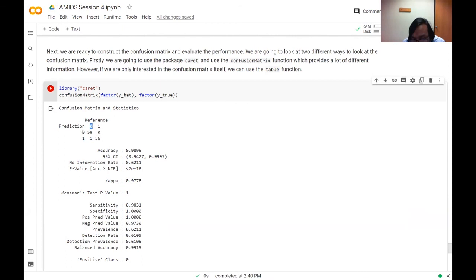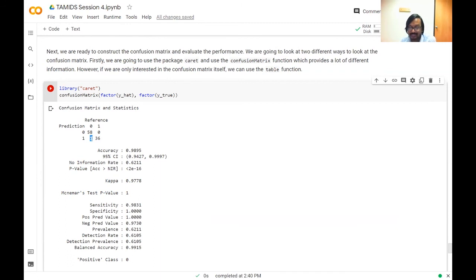So if you look at the intersection of the first row and the first column, the 0 and 0, for these 58 observations, the correct class was 0. That means the tumor was benign. And we correctly predicted that the tumor was benign. For the 36, that corresponds to predicted value 1 and the reference 1, that means these 36 cases had the tumor to be malignant, and we correctly predicted them to be malignant tumors.